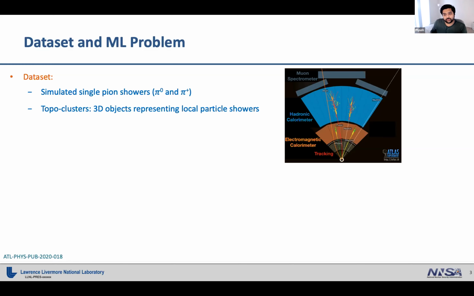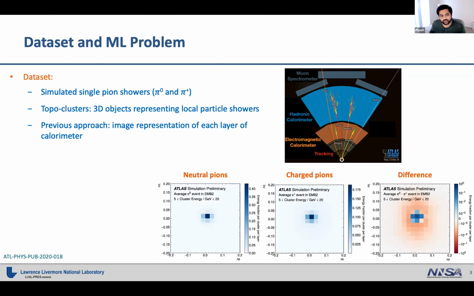We've previously used image-based representations of this data with CNN type of models for mainly solving a couple of problems. One is the classification of pion, like which type of pion the shower is generated from, and the other is how much energy the pion deposits into that particular cluster that we are looking at.